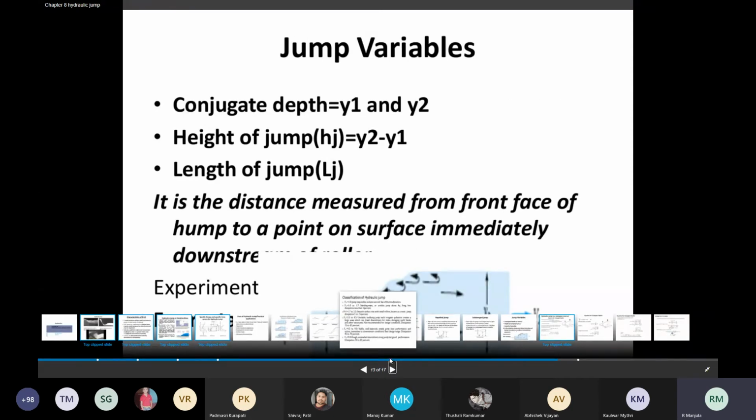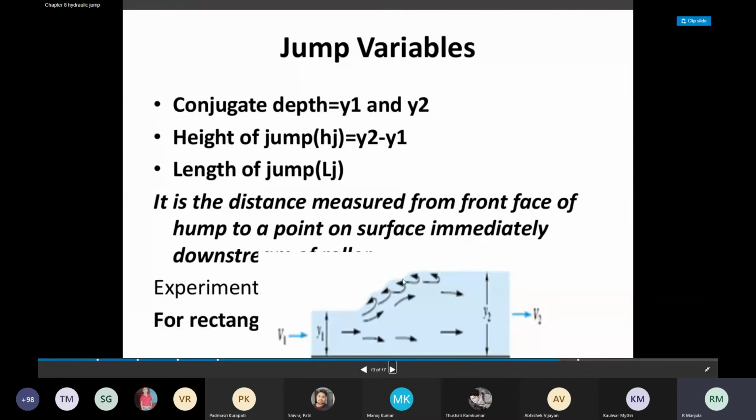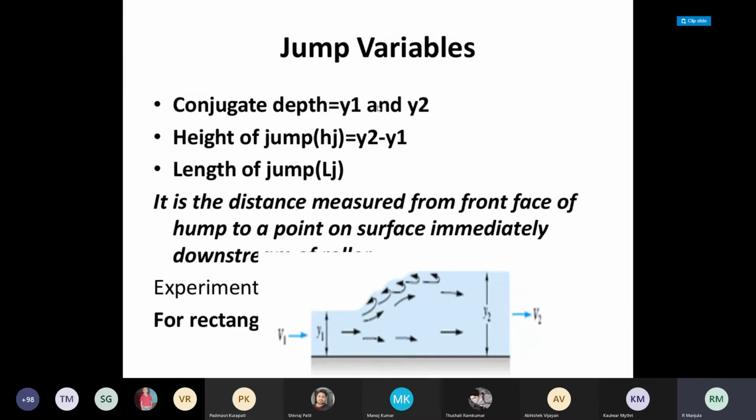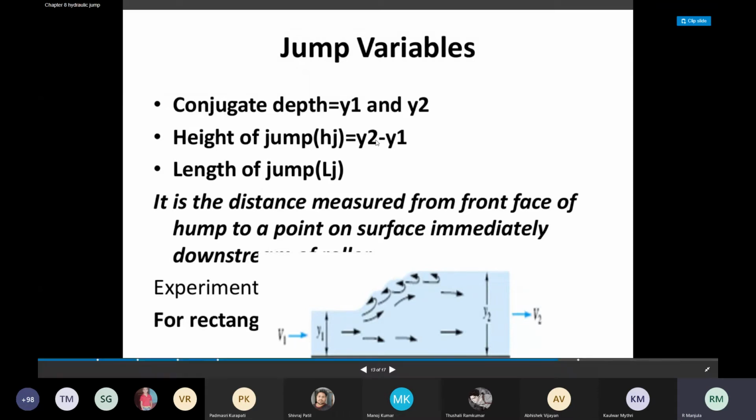Then the conjugate depths, Y1 and Y2. As I told you, Y1 and Y2 are the conjugate depths. The height of the jump is usually called Y2 minus Y1.